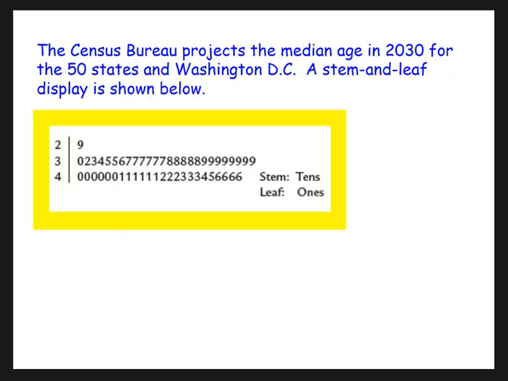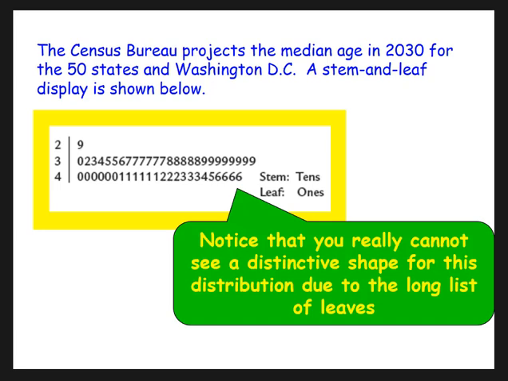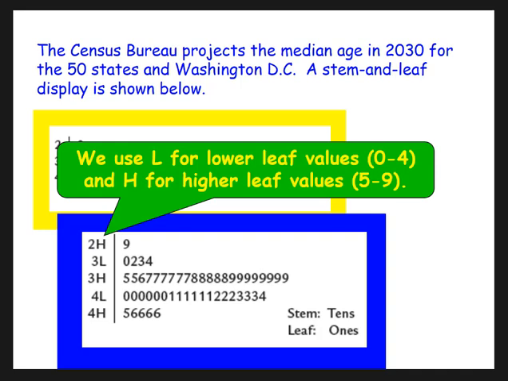So here's an example of a plot for the median age in the 50 states, including Washington, D.C. So there's 51 data points there. We cannot really see a distinctive shape just because 2, 3, and 4 is not enough stems, so we can break them down into more stems if we want. 2 high means it's from 25 to 29. 3 low means from 30 to 34. 3 high means from 35 to 39, and so on.